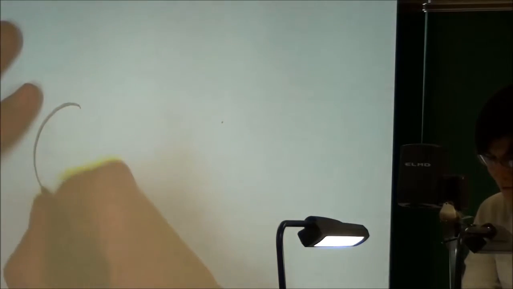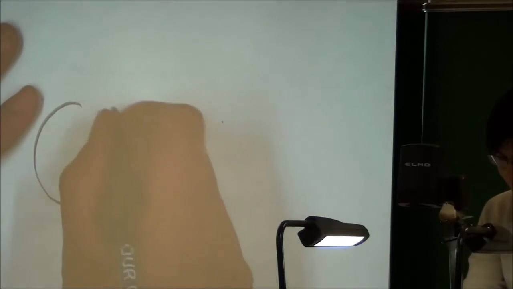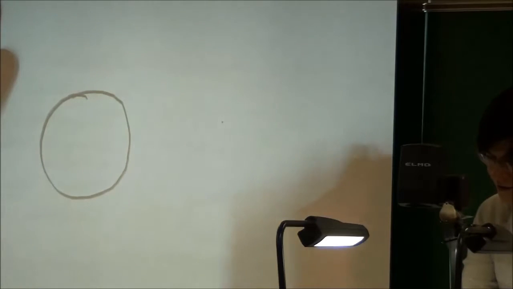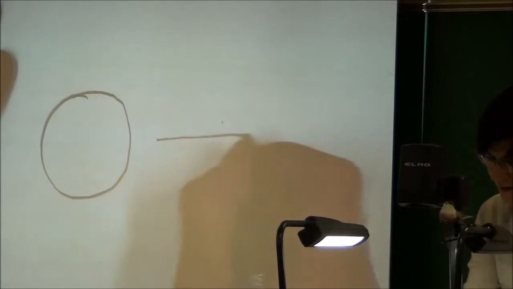So the Earth is more or less a sphere. It's round. And the sun is so far away that the sun's rays arrive parallel to one another.